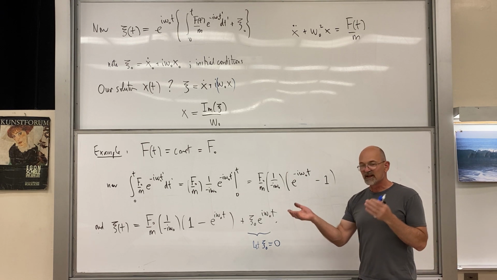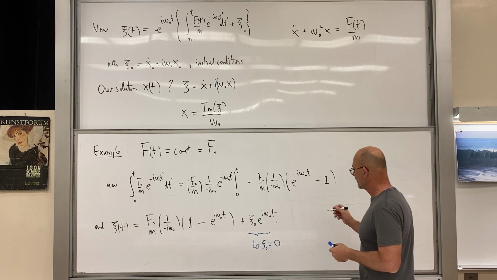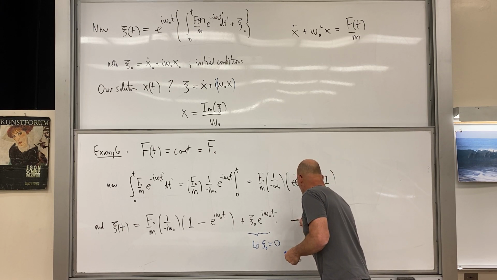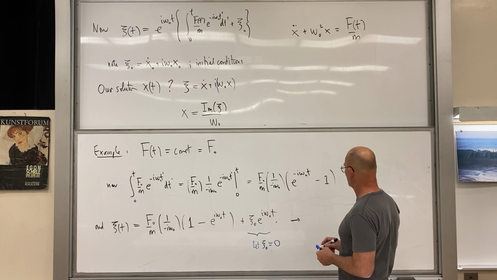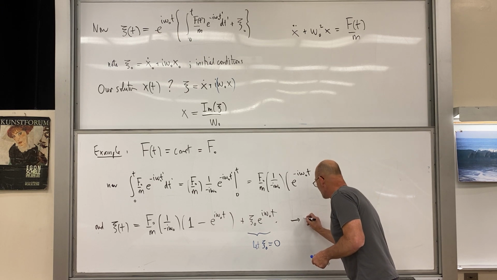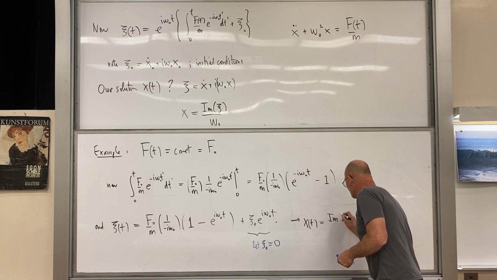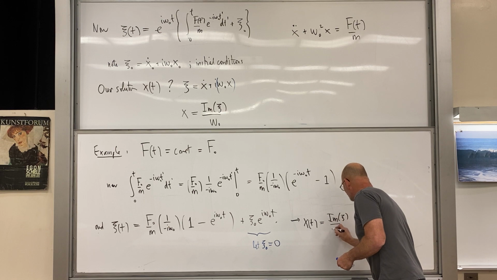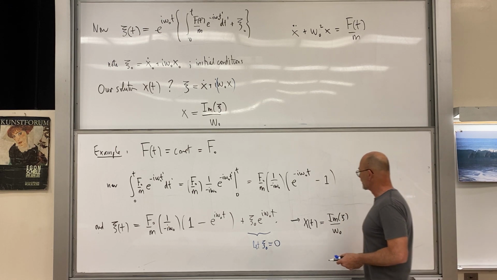That means my system's going to be at rest with no initial velocity. So x of t is equal to the imaginary part of c over omega naught. Well, I'm going to free up a little room.